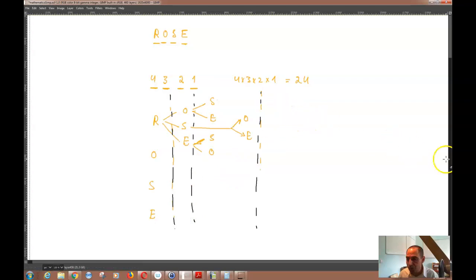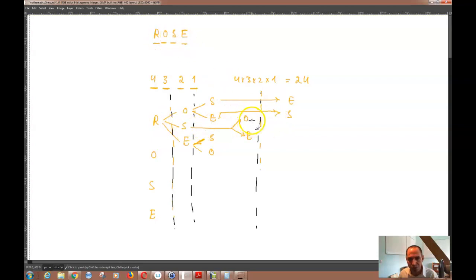This is the third one, and the fourth one can be filled in only 1 way, meaning that if you have chosen R, O, S, the only thing that you can choose here is E. Over here, R, E, R, O, E, and the only thing that you can choose is, for example, S. Over here, you can choose an R, S, O.